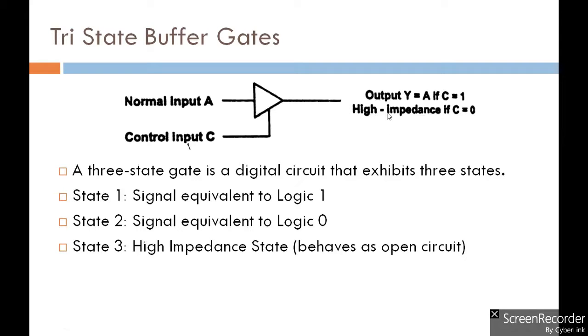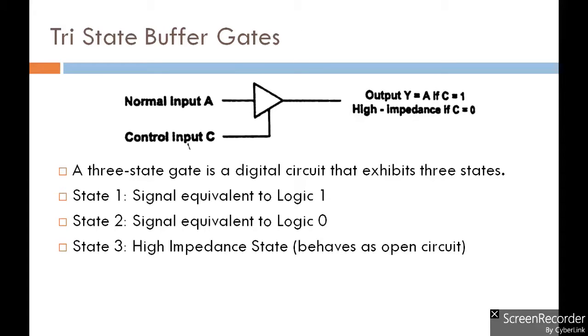But if it is in high impedance state, that means if control input C is equal to 0, then it will behave as an open circuit. So it will not allow to transmit input data A to the output line Y. So this is how it works in the three different states.